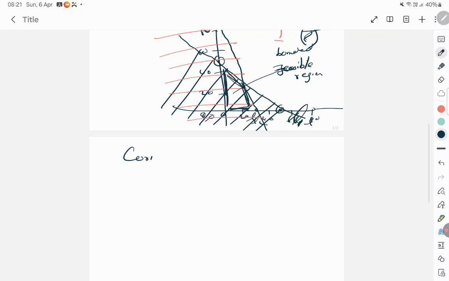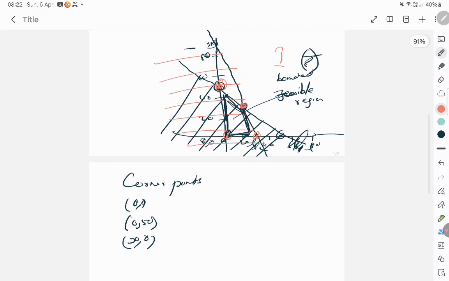The corner points are, one corner point is 0, 0 from the quadrilateral. The other corner point is 0, 50. Correct? This is 0, 0 and this is 30, 0. But this corner point I don't know. This corner point is the intersection between these two lines.